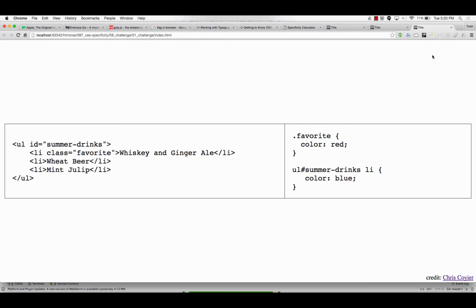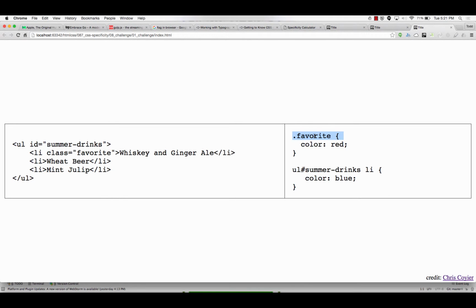Because whiskey and ginger ale has favorite applied, but it also has this applied to it because it's an LI inside a UL with an ID of summer drinks. So both of these are being applied to this line. Which one's going to win depends upon which one has the greater specificity, unless they have the exact same specificity, in which case it's just going to be the order in which they are applied, the last one being the one that wins.